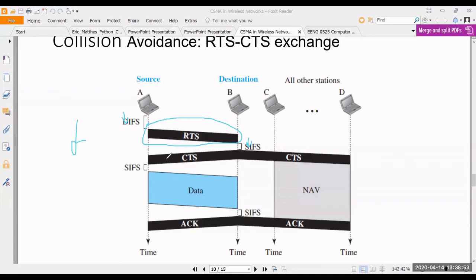Okay, so let's continue. I have a question for you. With this system, where do you think collision can occur?